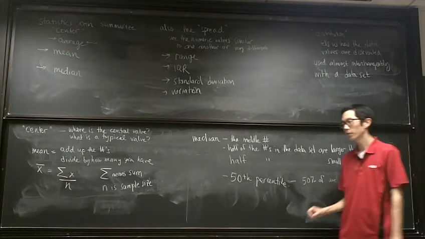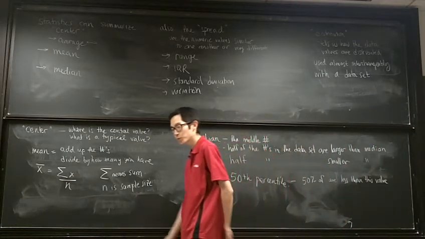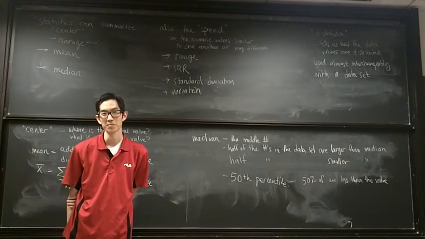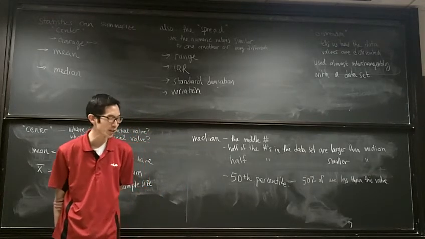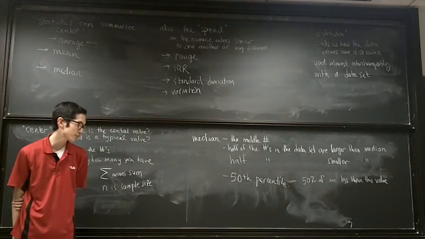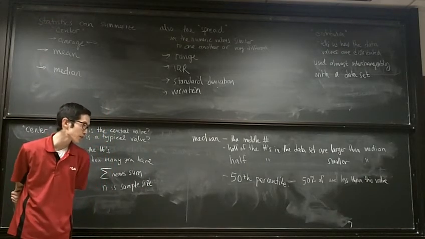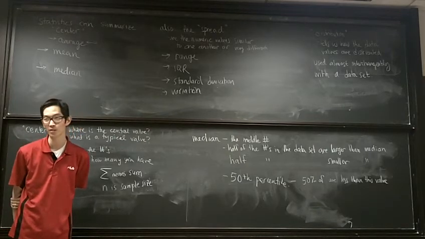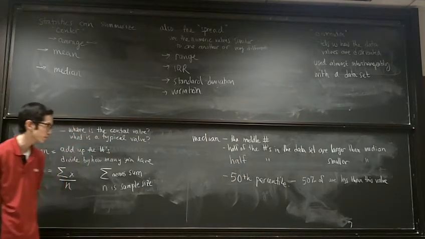At the 30th percentile, what percentage of people have values smaller than the 30th percentile? 30%. And you can shout this out. At the 30th percentile, what percentage of people have values larger than the 30th percentile? 70%. Good.